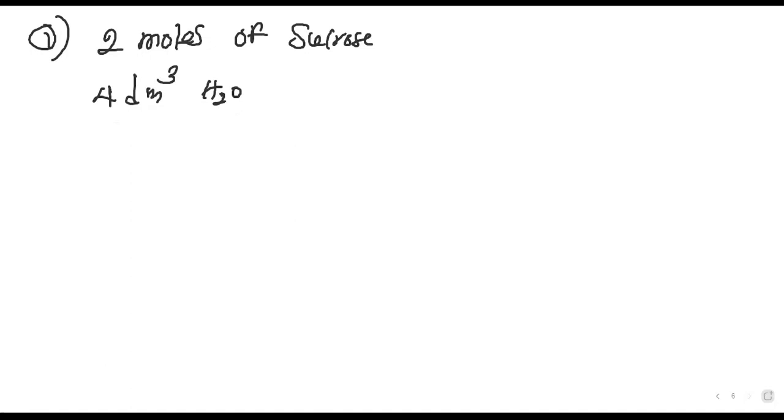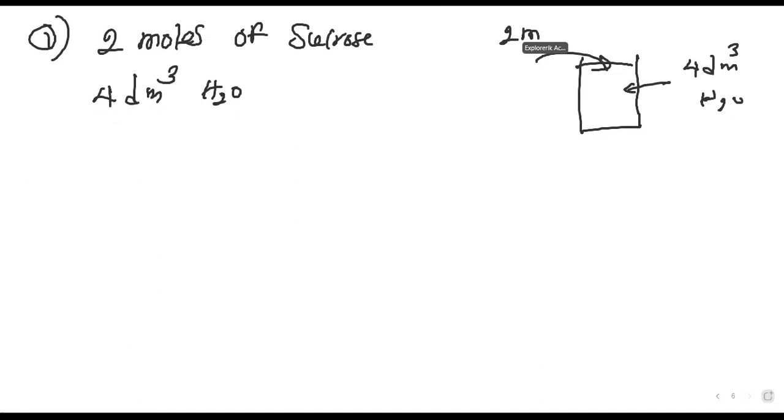So what I have given you, go for a small sketch. I've given you 4 decimeter cube of water, right? Then I have given you 2 moles of sucrose. So I know the number of moles, that is 2 moles, and the volume, that is 4 decimeter cube.